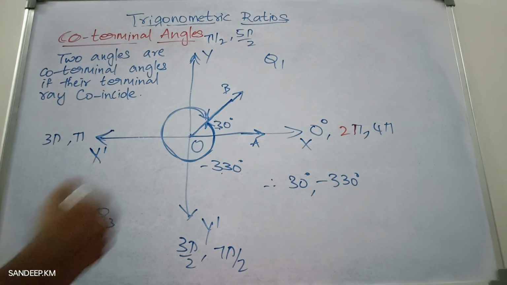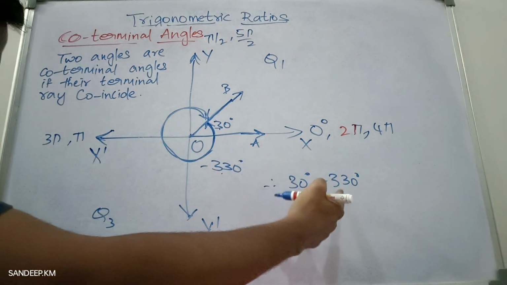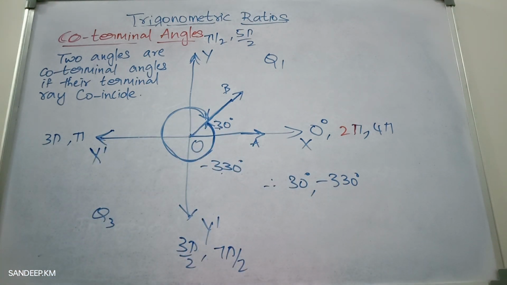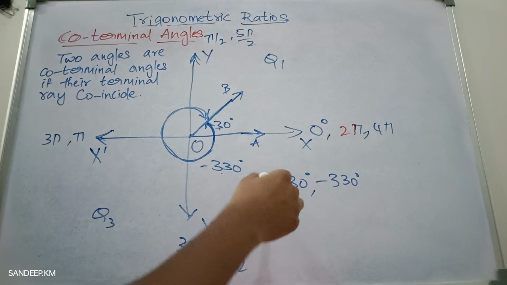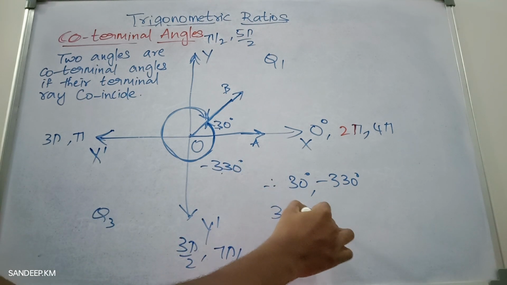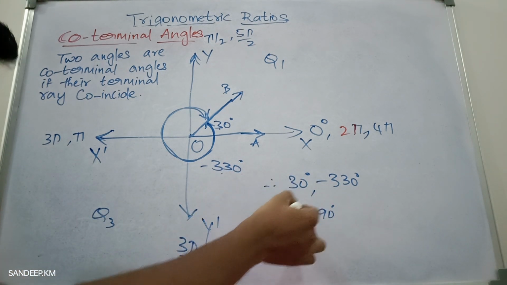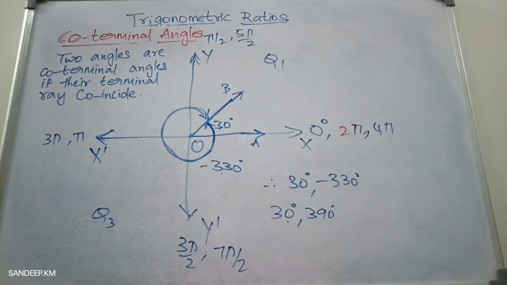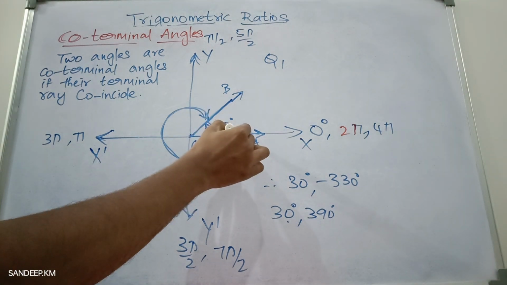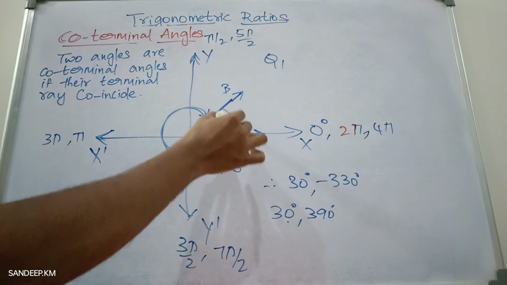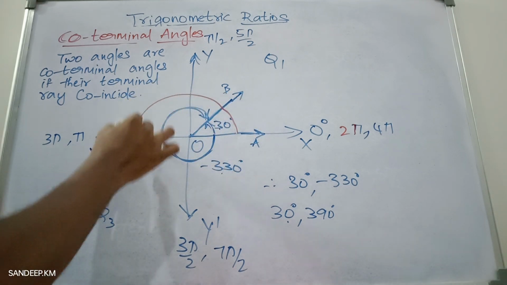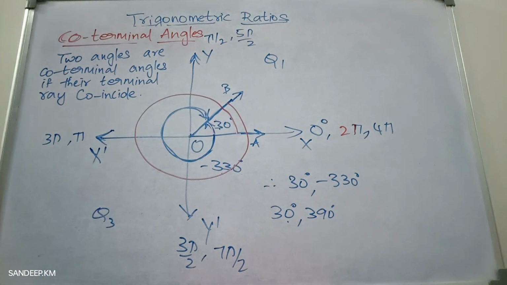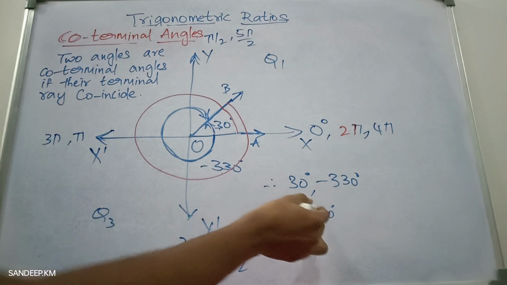Like this, for 30 degrees, don't assume that there is only one coterminal pair. If you add 360 degrees to 30 degrees, what do we get? 390 degrees. Even 30 degrees and 390 degrees share the same terminal side. Look at the figure here. This is 30 degrees, right? Now 30 plus 360 is equal to 390.